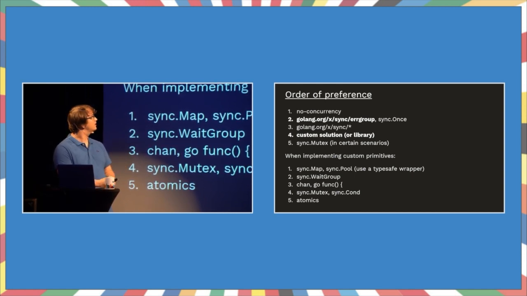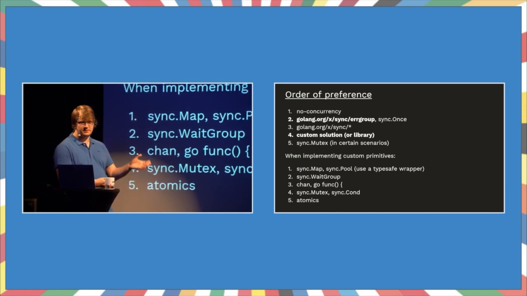Konrad already mentioned it in his talk. Sync once is also pretty nice. There are many nicer synchronization utilities in the x/sync package. And then I will consider a custom solution before going further down the line here.